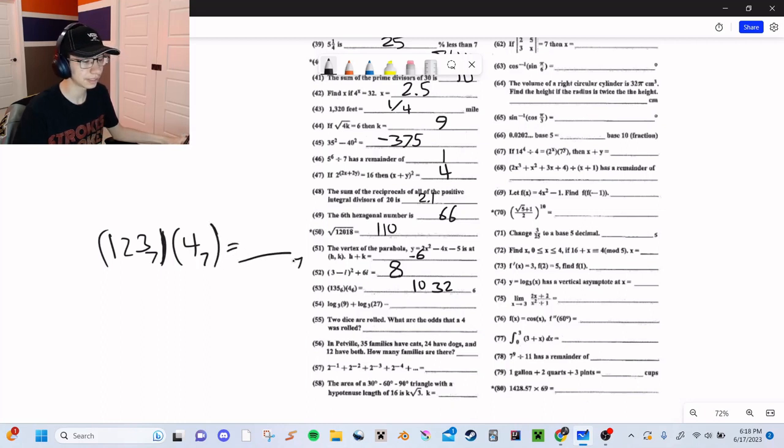What would I get as my answer in base 7? So let's multiply it out. Base 7.